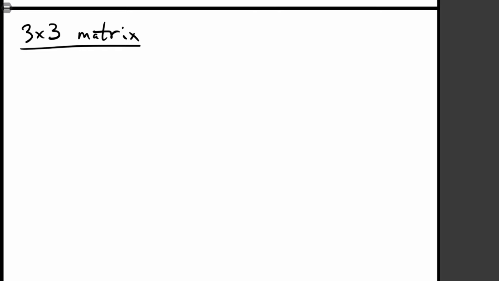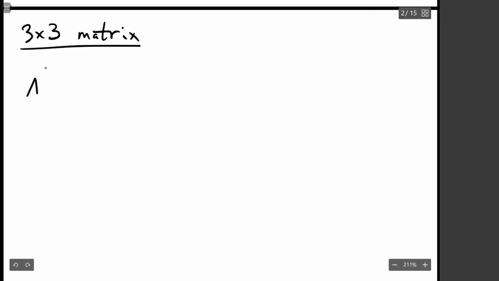I'm going to start off with just one way of doing it. And actually, we've done this already with cross products. We did a 3 by 3 determinant to compute a cross product. So you should be a little bit familiar with this.